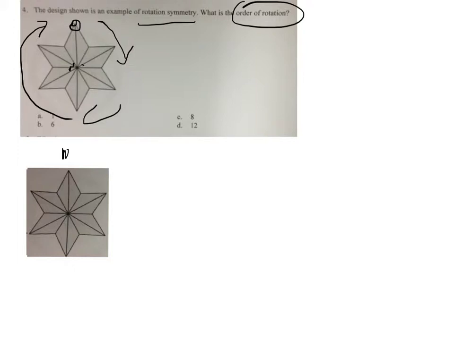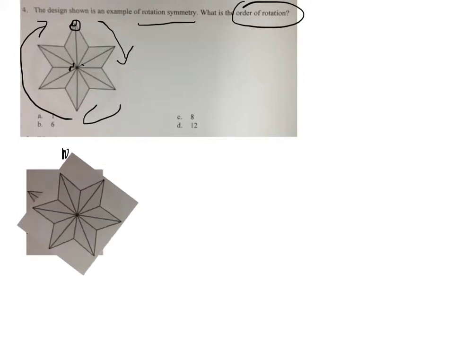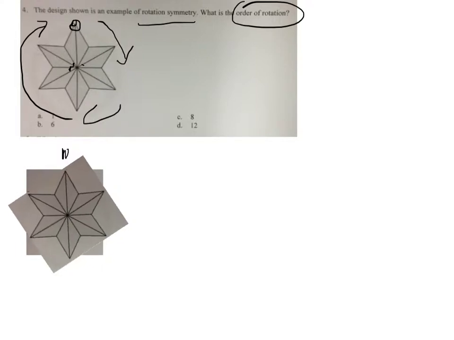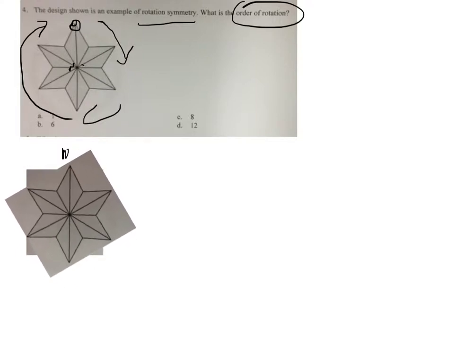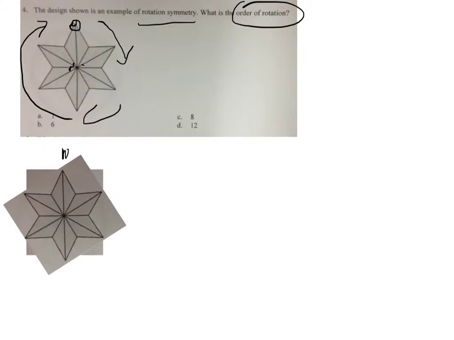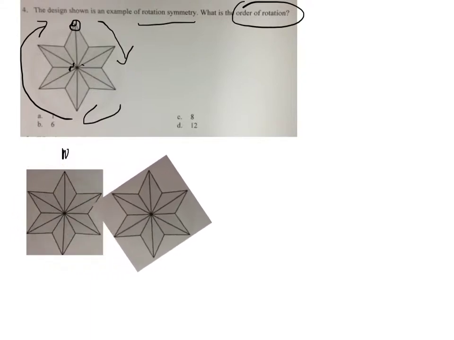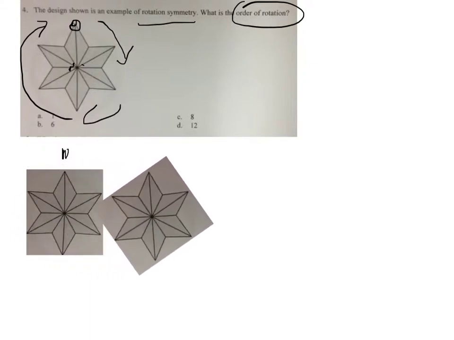Now, if I were to take this image and rotate it on itself, so it goes there. It's tough to see through the transparency a little bit, but I basically rotated it on itself. So this one here would now be 2.